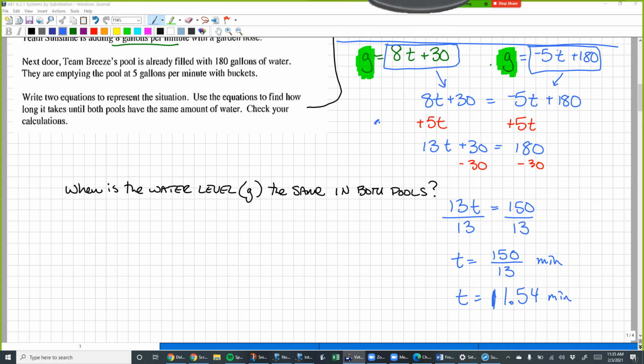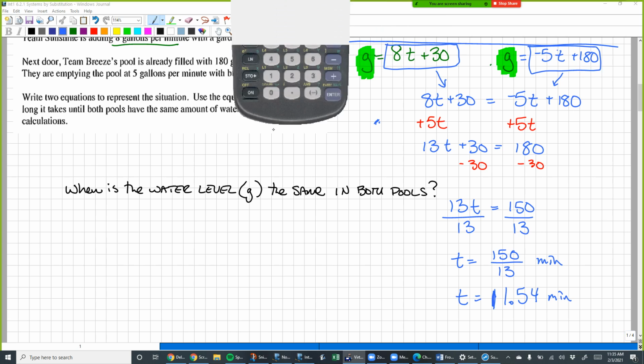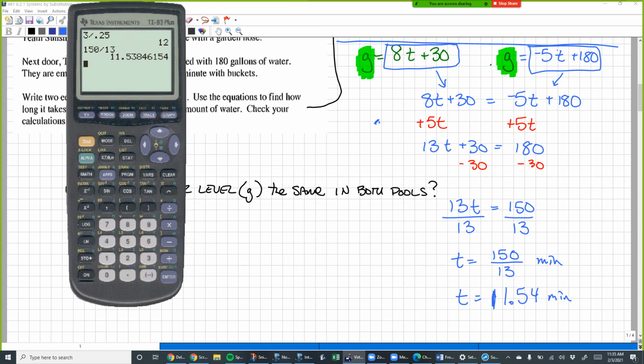Now let's just double check to make sure that this actually works. Okay, so I have that 150 over 13. I'm going to plug it in to both of them and find out what I get.